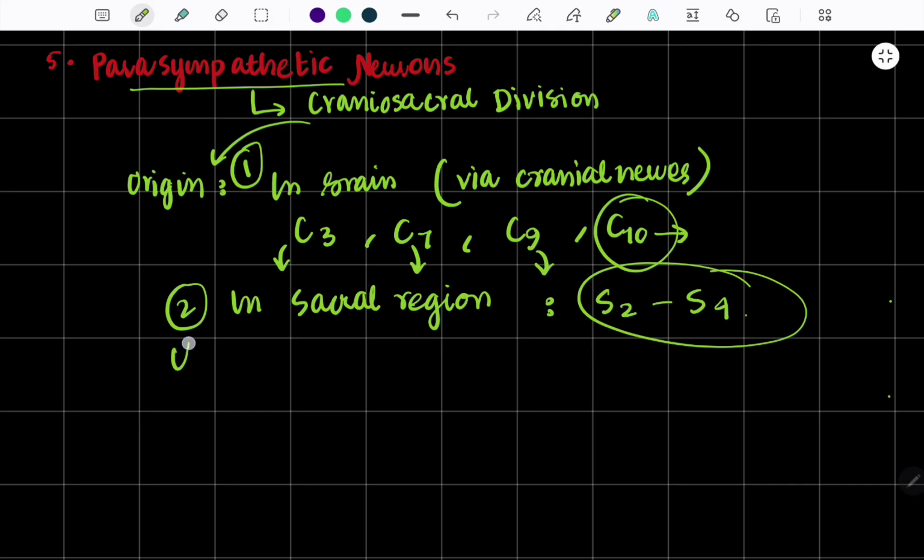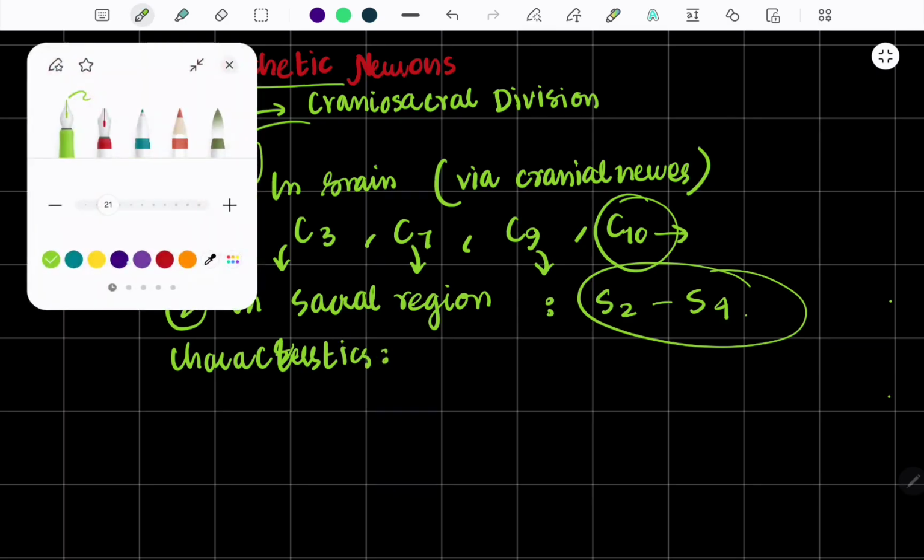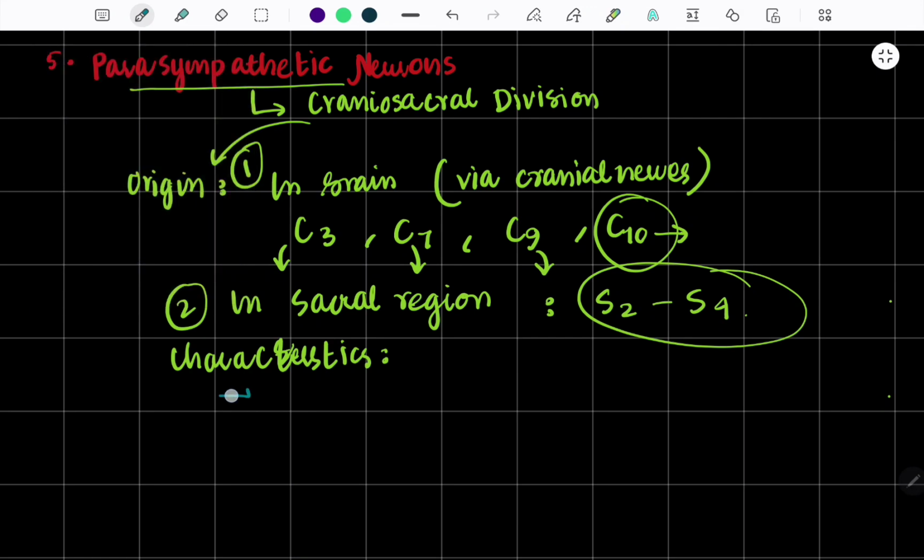Now let us discuss the characteristics of parasympathetic neurons. Basically, the parasympathetic neurons still consist of preganglionic neurons and post-ganglionic neurons.